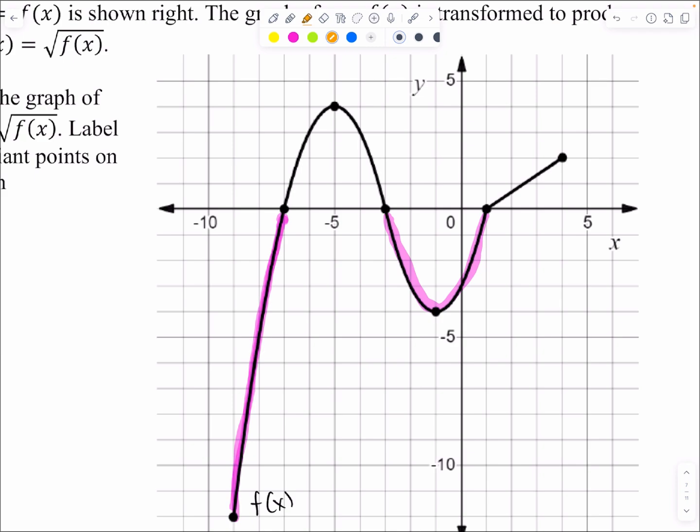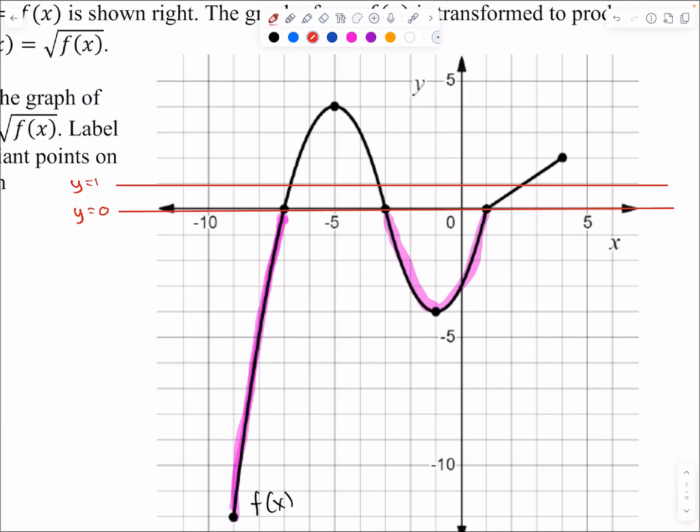The next step, what I would do is draw two lines here. I want to draw a line at y equals 0. It's just an unofficial line. And let's draw another one at y equals 1.